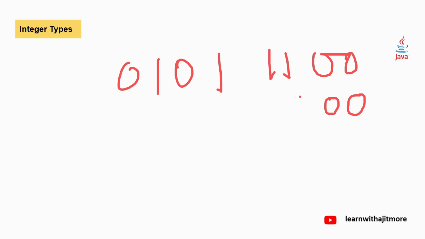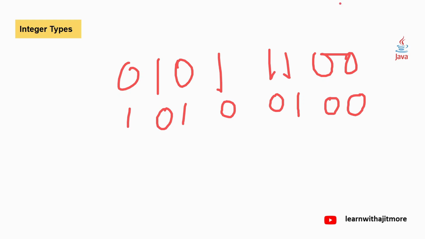From LSB till we don't get the first one, keep it as it is, and then toggle it. Make 1 as 0, 0 as 1. Understood? From LSB till we don't get the first one, keep it as it is and then toggle. This is directly 2's complement.